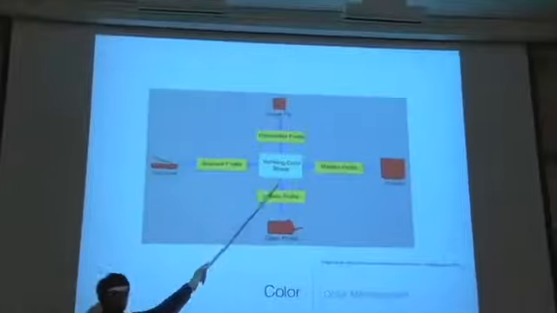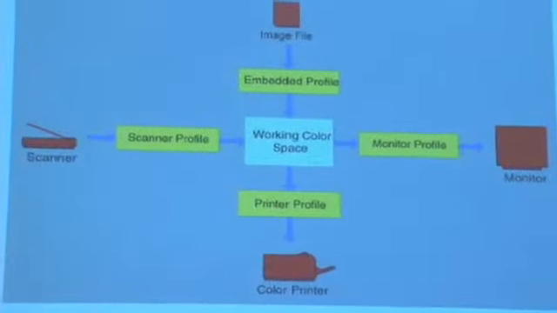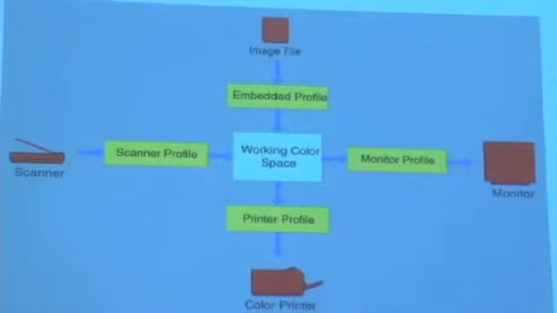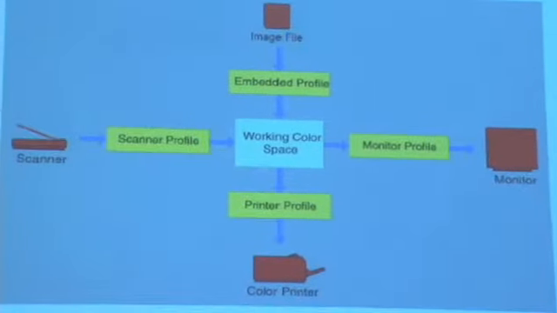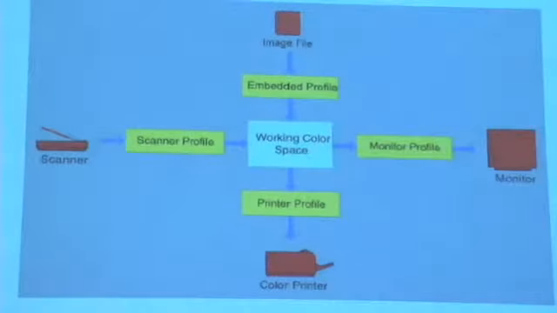So whereas we have a working color space right in the middle that defines exactly how saturated each of these colors should be, exactly which color it should be, that is only half the picture. The other half is being able to apply these profiles to these devices, whether it be a scanner, a printer, or a computer monitor, which tells the computer how to represent colors.